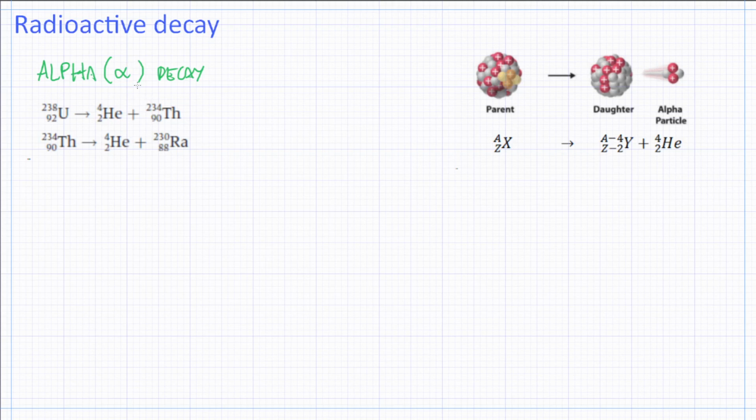So, for example, we know now that an alpha particle is actually a helium nucleus, mass number 4, atomic number 2, but back then we didn't, so we just called it alpha. So in alpha decay, your atom will be releasing a helium particle.